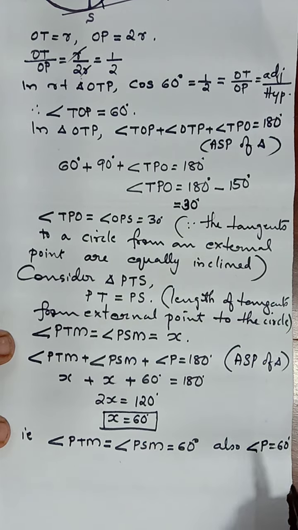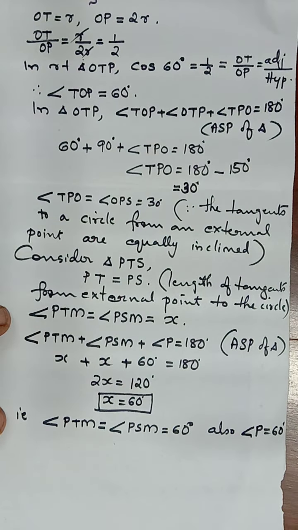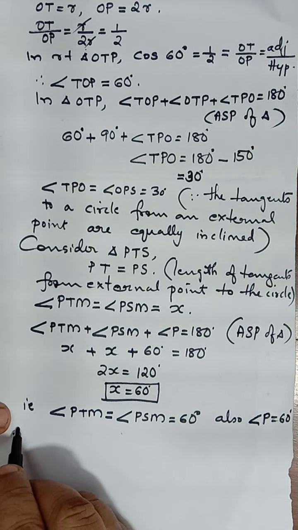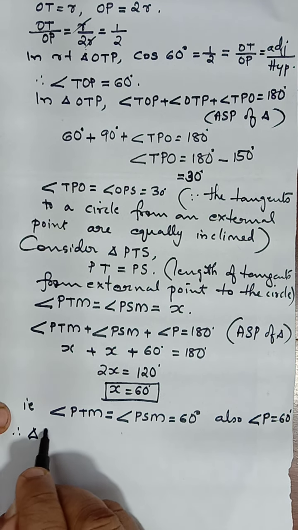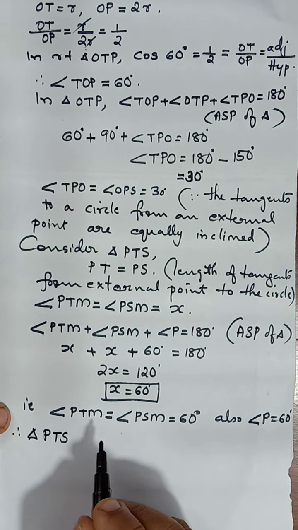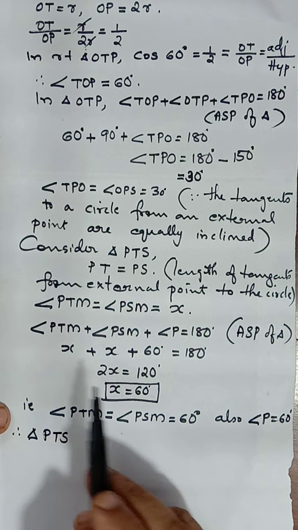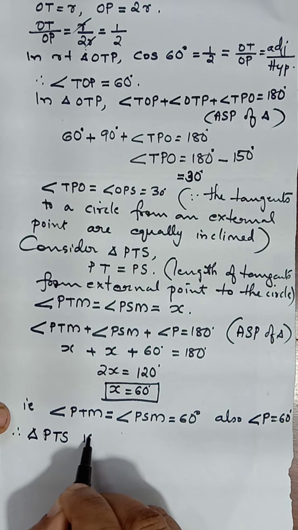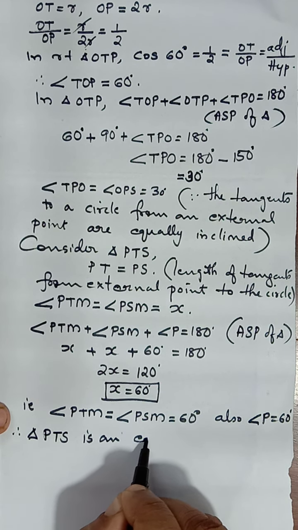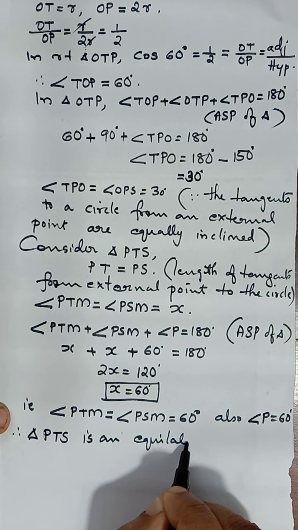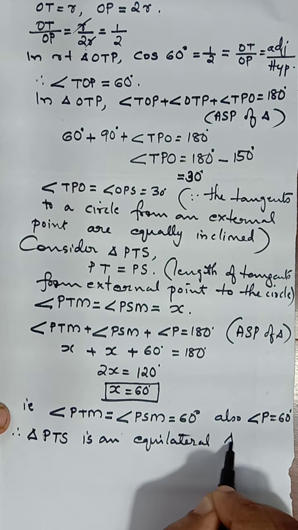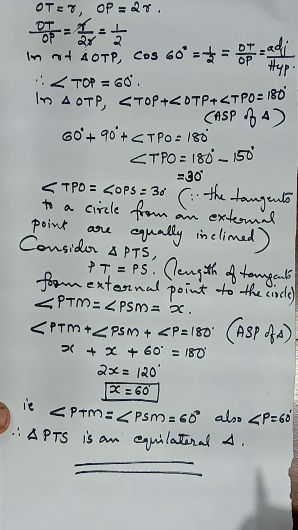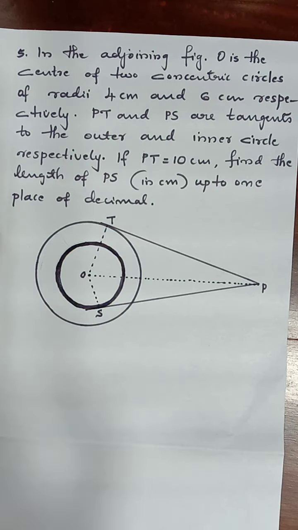All the three angles are 60 each and we can say that therefore triangle PTS, or TPS, it is the same, triangle PTS is an equilateral triangle. Okay, it's an equilateral triangle.